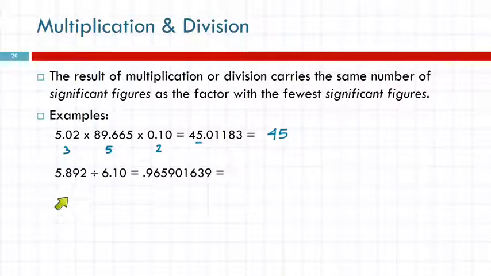Here's a division example. There should be a 0 there. Not sure why there isn't. So we do the math, we get this number. To round that, we're going to look back at how many sig figs does each of the factors have. 5.892, how many sig figs? 4. 6.10? 3.